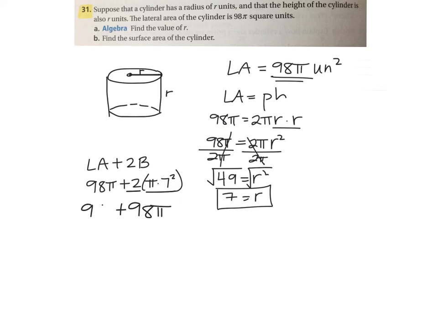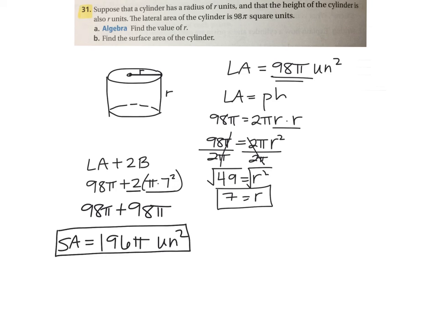So it's 98 pi plus 98 pi. What you get with that then is 196 pi square units for your surface area. And that would be your answer. So that is 11.2b, just a few of the questions that look like things you should know how to do.